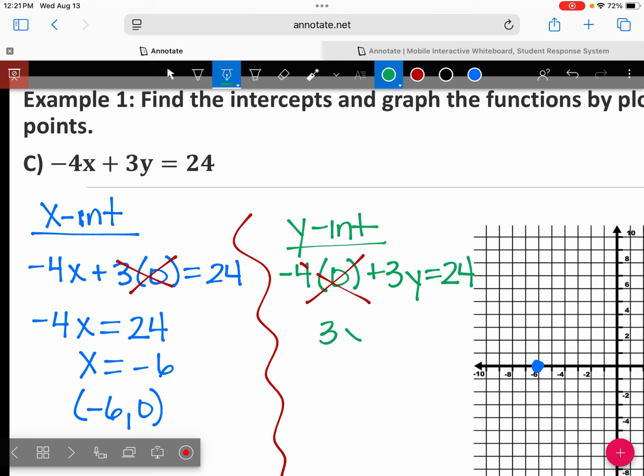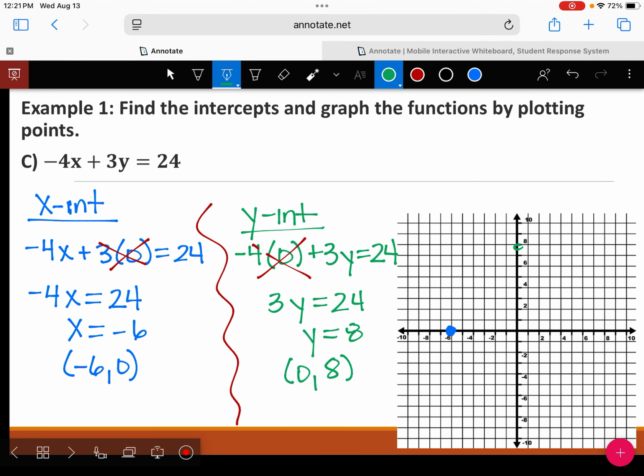So that would be 3y equals 24, y equals 8, so 0, 8. So if I put a point at 0, 8, that would be here. And when I connect it, it's hard for me to make a straight line on my iPad, but for you all, your line should be straight.